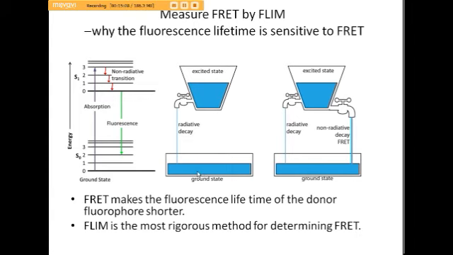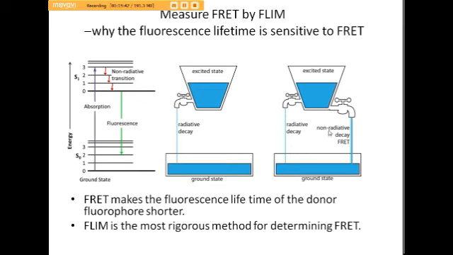The molecules jump from the ground state to the excited state, and they do not stay forever in the excited state. There is a radiative decay to drain the fluorophore from the excited state back to the ground state. This radiative decay, for example, is by fluorescence. By generating an emission photon, the fluorophore will quickly return to the ground state.